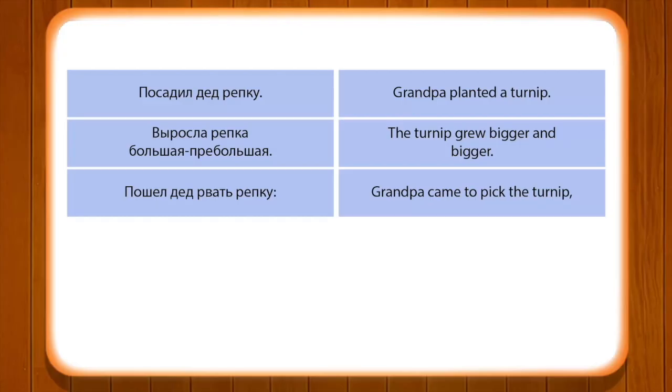Ded is dedushka. Rvat is to pick it up. Repka, you know. So if we simplify the sentence, Ded poshol rvat repku. That means grandpa came or has gone to pick up the turnip.